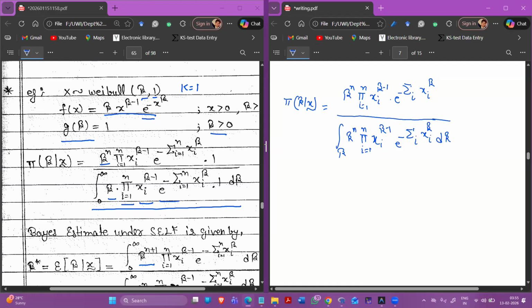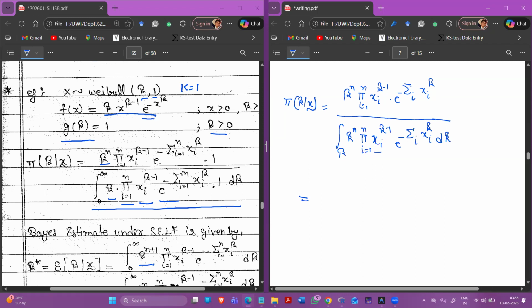Right. So now we have seen that when you solve this integral, it will be a constant term, yes or no? The denominator part. Because xi is known, xi is a numerical value.